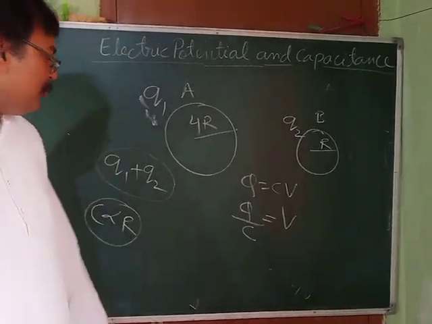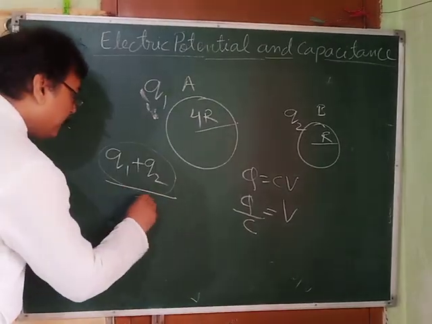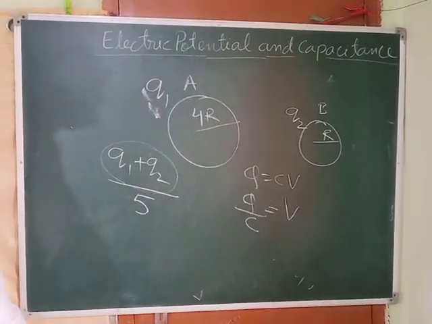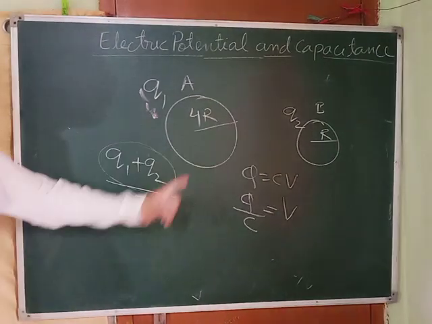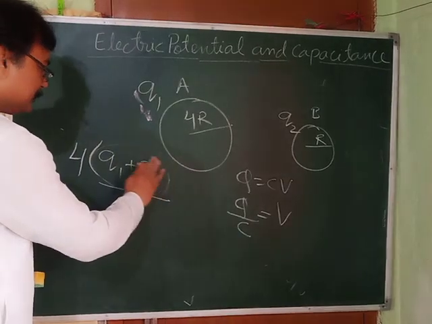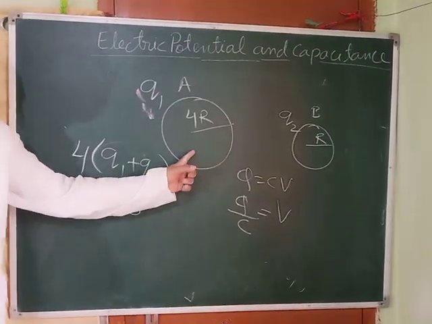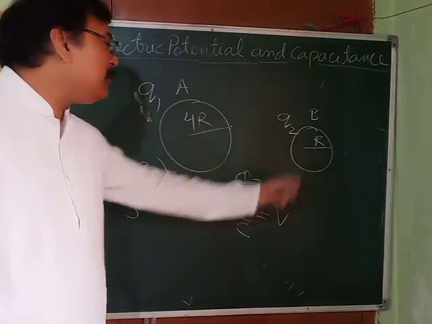Okay, so this total charge we have to divide into how many parts? 5 parts. Out of 5, this will carry how many parts? 4 parts. Okay, so 4 by 5 of (q1 plus q2) it will have. Clear? And this will have how much?